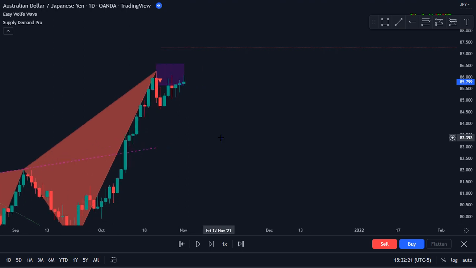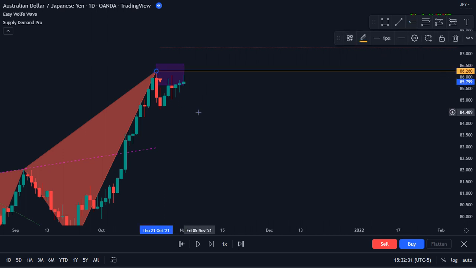Now typically for harmonic patterns or Wolfe Wave patterns, you're going to expect that the high, so I'll put that here, is going to hold. Now, many times you'll see the supply zone form, though, with a little bit of wiggle room above.